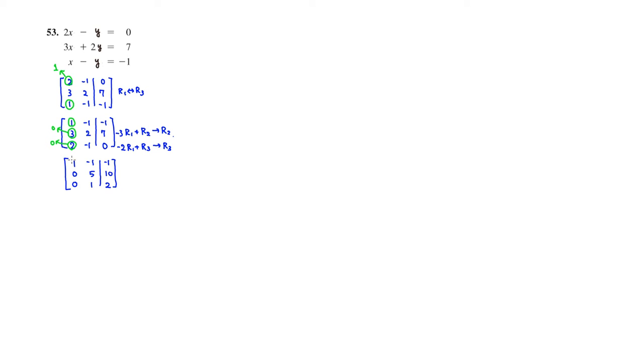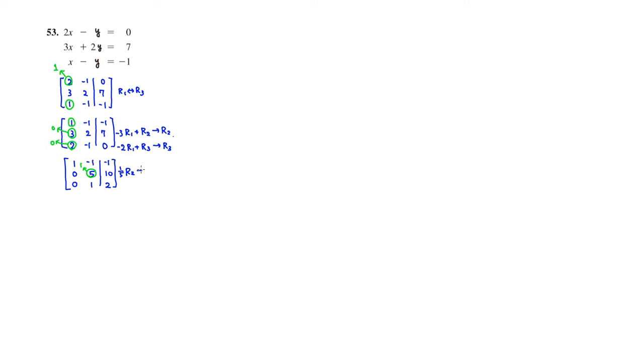So we are done with the first row, and next you go to the second row and look for the first non-zero element, which is 5. We want to turn that into 1. In order to turn that into 1, the easiest way would be to take row 2 and divide by 5.